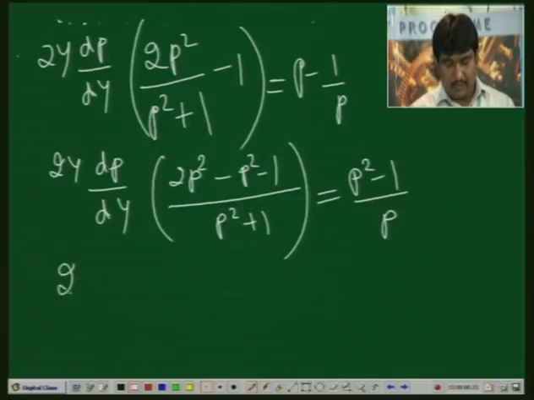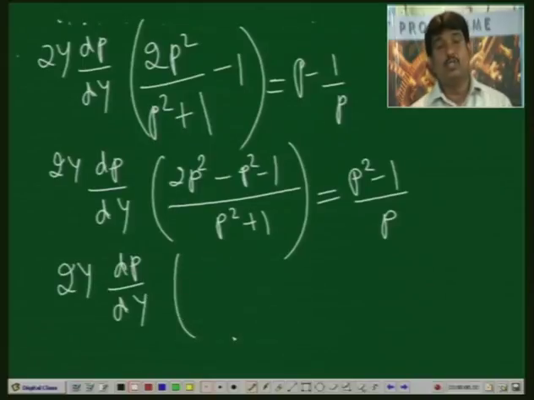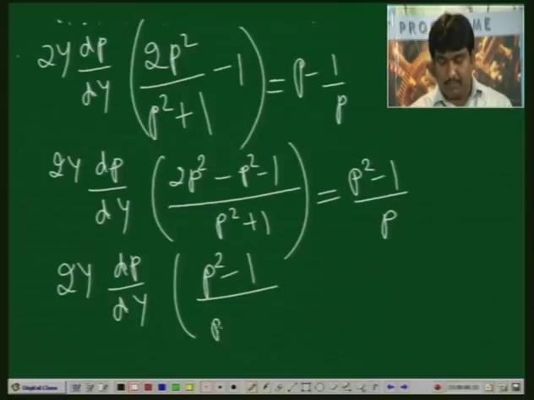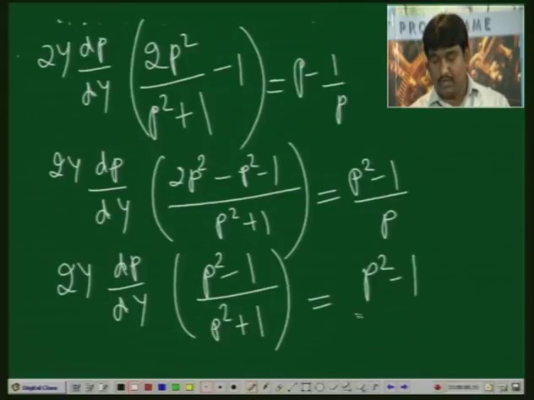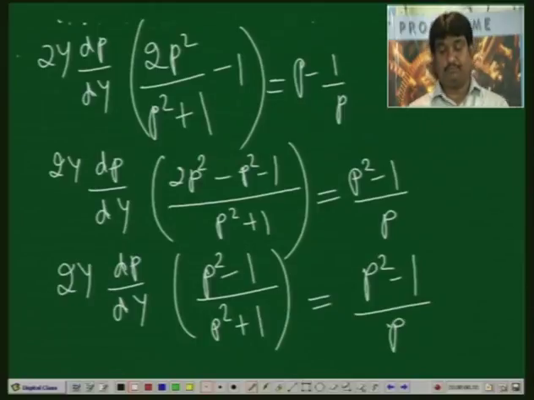Simplify this. This is 2y into dp by dy into 2p square minus p square, which is p square minus 1, divided by p square plus 1, equals p square minus 1 divided by p.